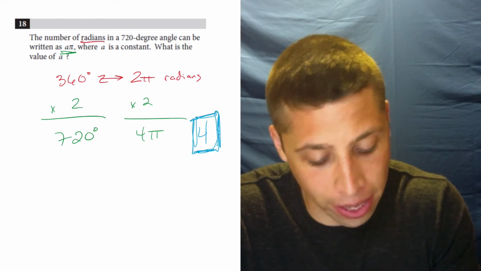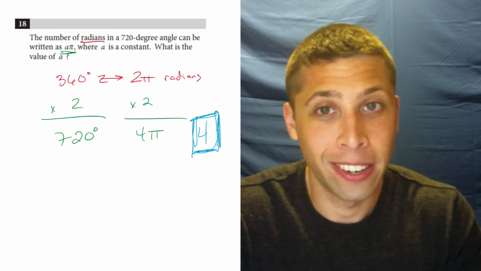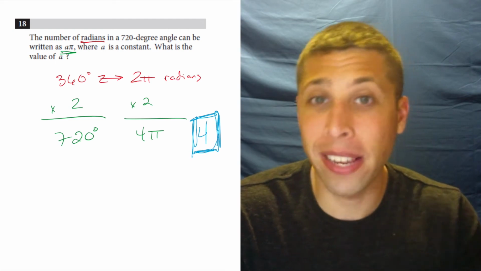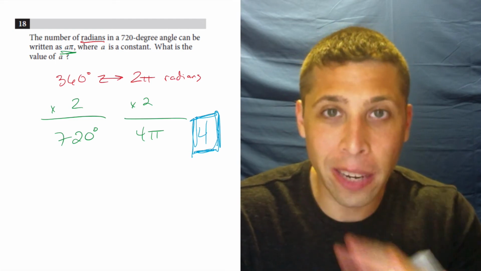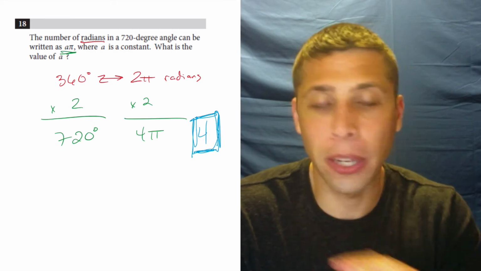So this is why you can't panic. A lot of the stuff that seems hard, you just got to give it a minute, a second, and you'll surprise yourself. Get back to basics here. Think about what they're really asking and see if you can put something on the page.